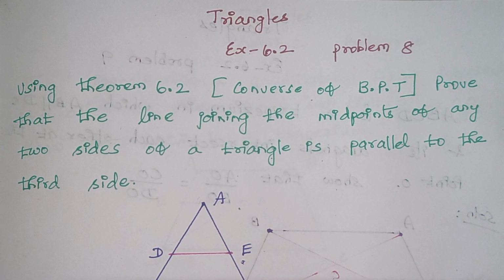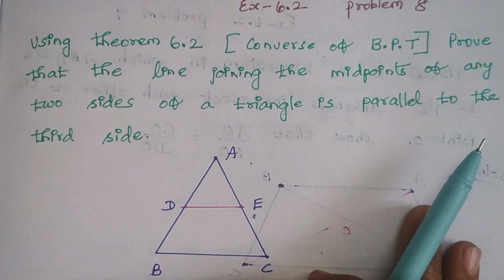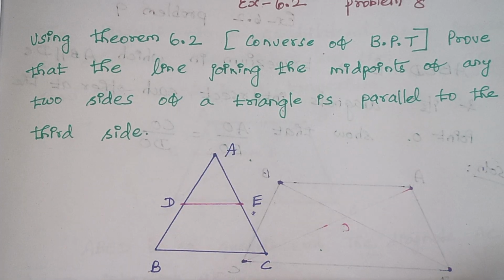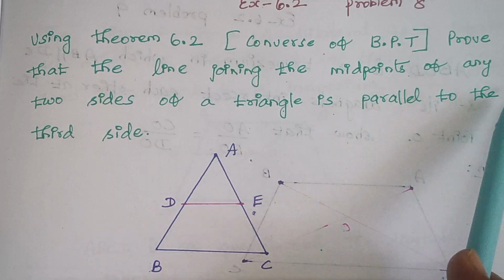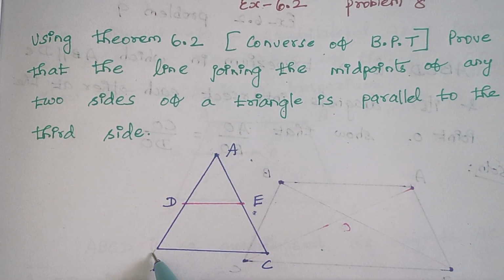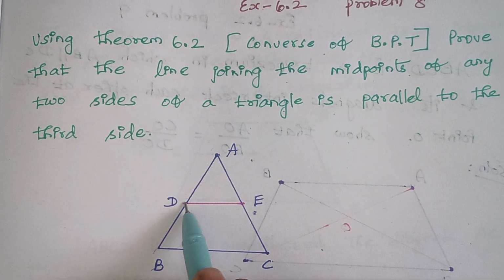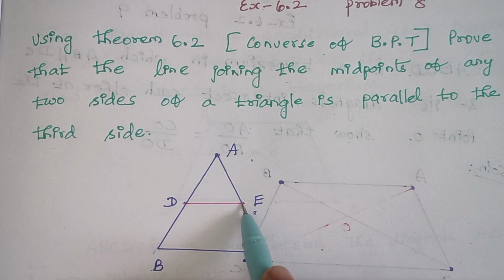Right. So here we are again discussing a triangle, and let this be our triangle ABC. The line joining the midpoints of any two sides of a triangle. So this is one side AB and this is the other side AC. Let D be the midpoint of AB and let E be the midpoint of AC.